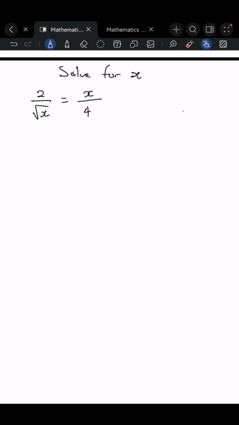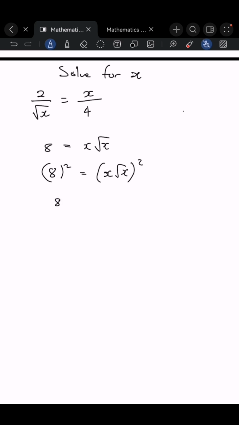Okay, we have solved for x where 2 over root of x is equal to x over 4. We're going to have cross multiplication, which is 8 is equal to x root of x. 8 squared is x root x squared.